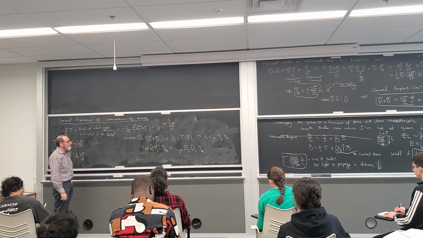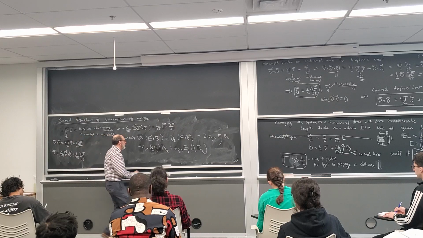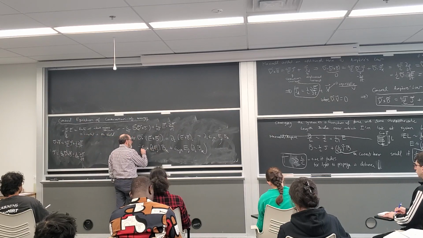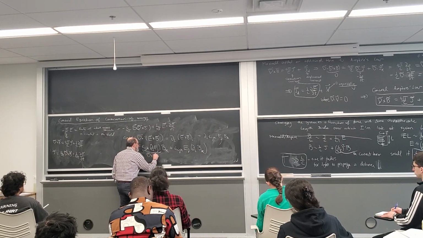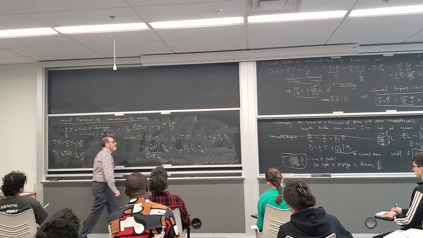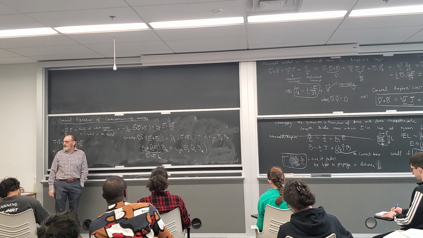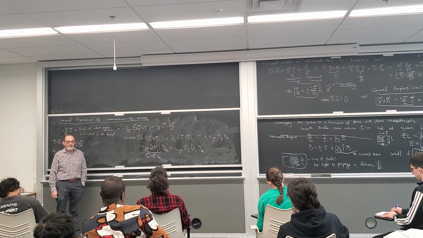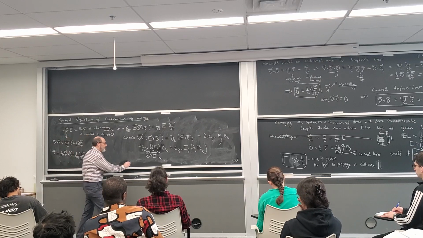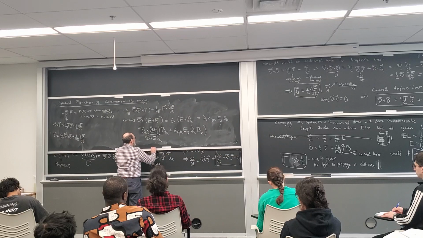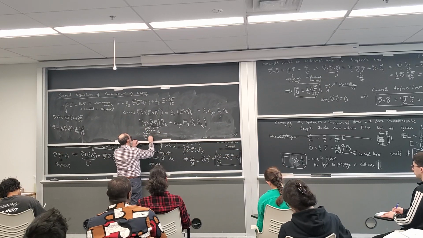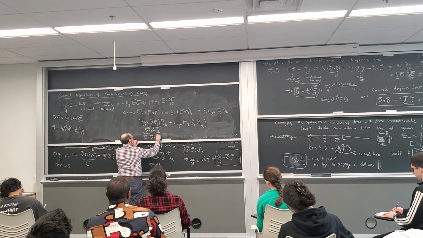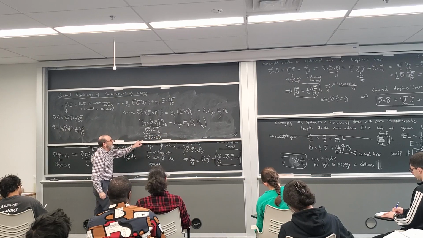Okay. But this is equal to the kth component of del cross E by the usual rules of epsilon ijk. So this is equal to B dot the curl of E. What about this?